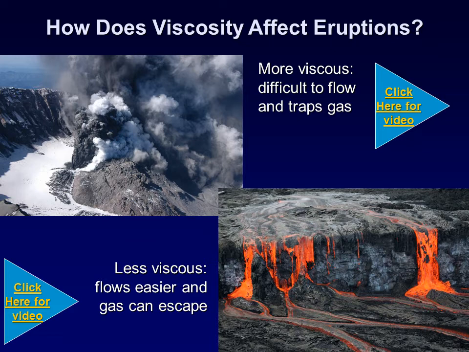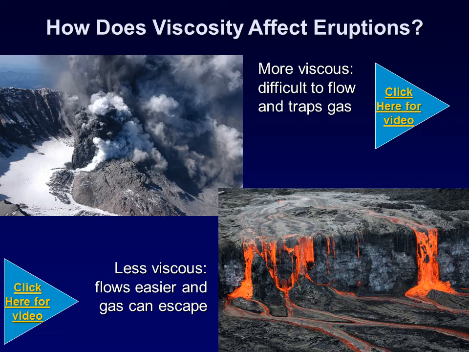So some other examples in real life, things that would be more viscous. We can think about peanut butter or toothpaste or cold molasses. Things that resist flow are more viscous.